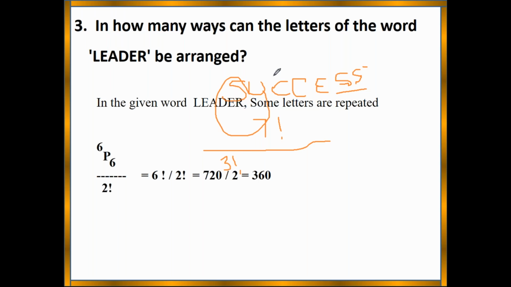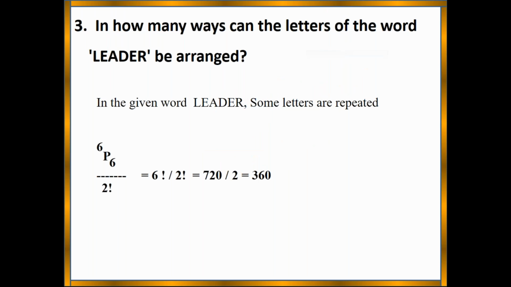U, there is only one, no problem. C, how many C's? 2 factorial. So 7 factorial by 2 factorial and 3 factorial. So if the letters are repeated, or if the letters are not repeated like Bihar. Understood all of you?